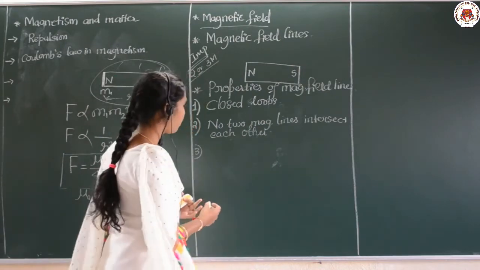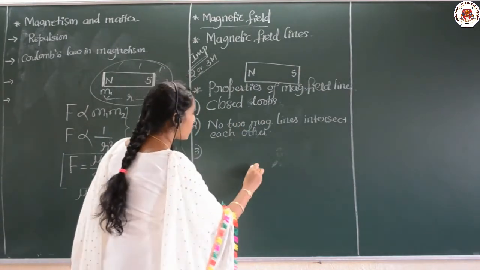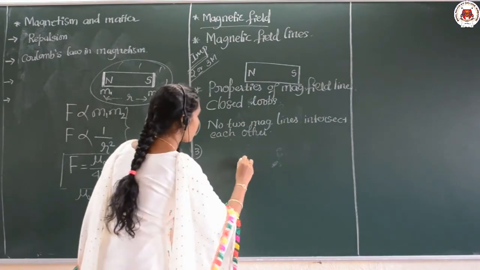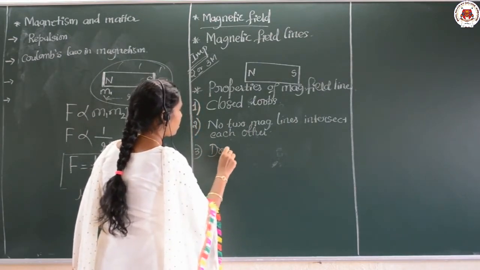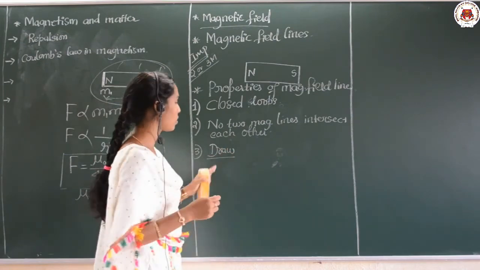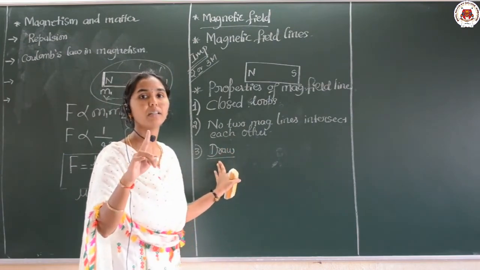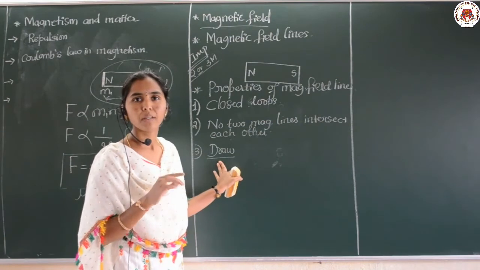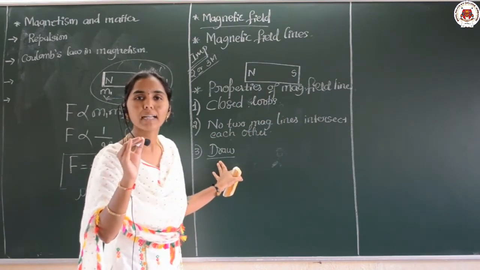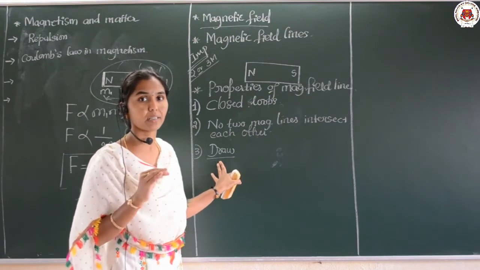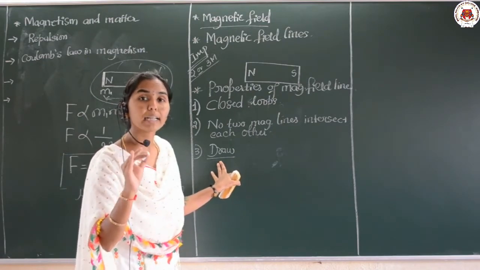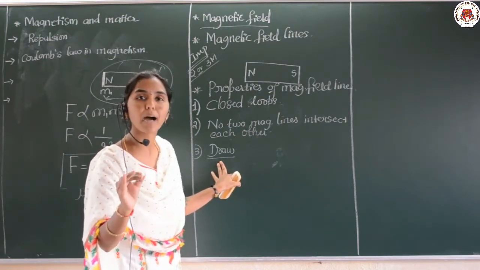Very simple. I want to draw again here the magnetic field lines. This question was also once asked in your preparatory. Draw the magnetic field lines around a given bar magnet. Remember, dear children, magnetic field lines around a bar magnet.